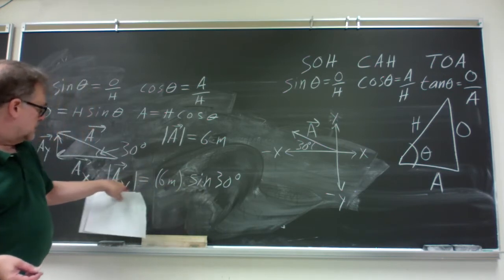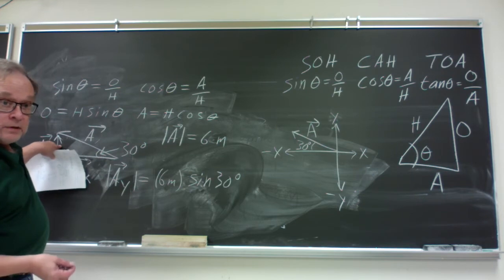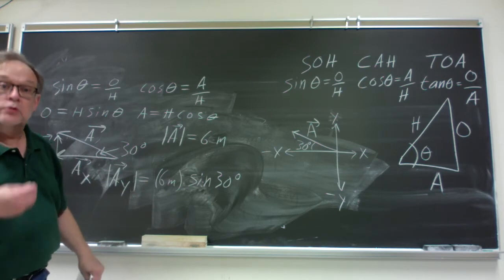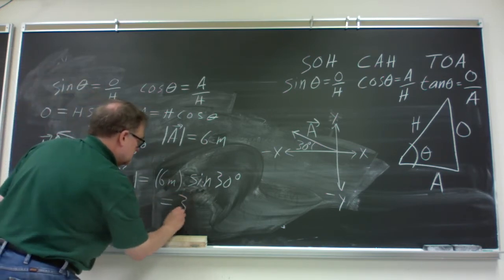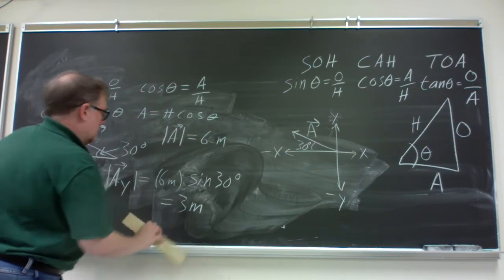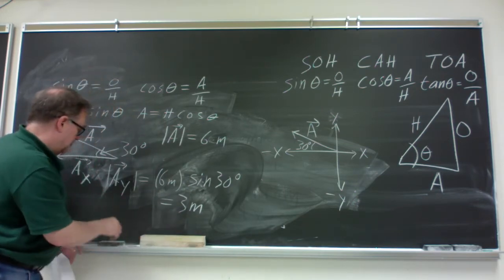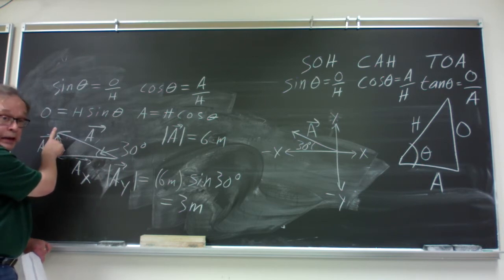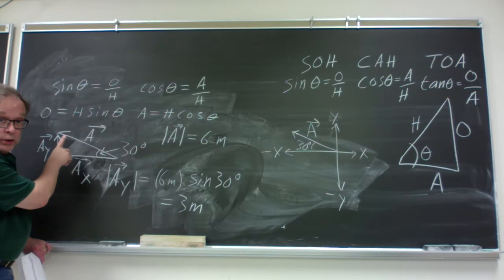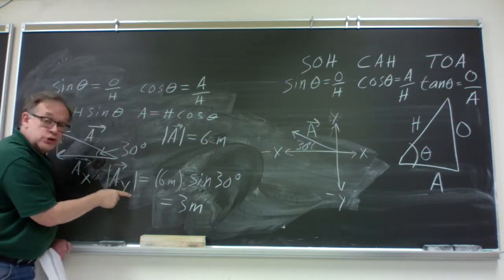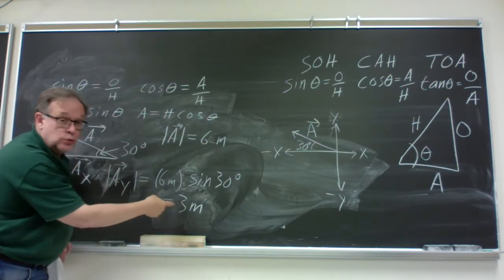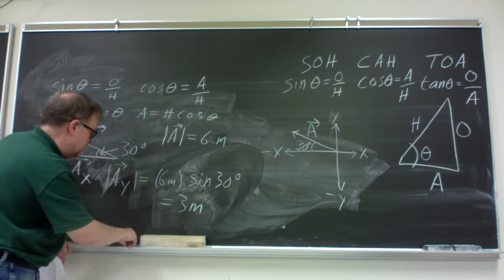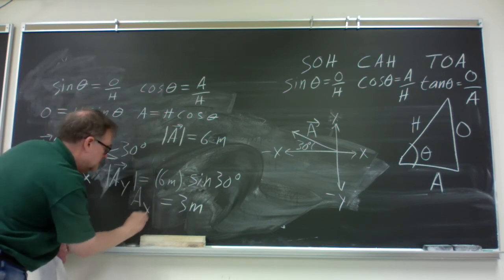So the magnitude of the y component will be 6 meters times 1/2, or 3 meters. And then the y component is a vector that points in the positive y direction. So we can say not only is the magnitude of the vector Ay equal to 3 meters, but the vector itself, since it points in the positive direction, is just plain 3 meters.